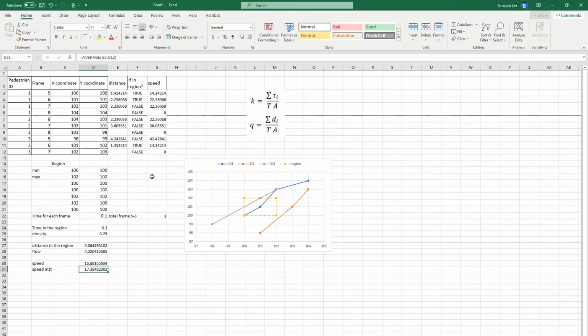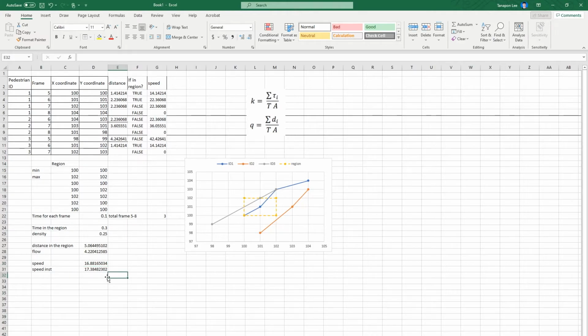In this case, we don't consider this second person at all, as you can see, because this orange ID 2 doesn't cross into these regions that we're interested in at all. And he actually walked really fast, like in this time step, he walked fast. So we don't capture that here.